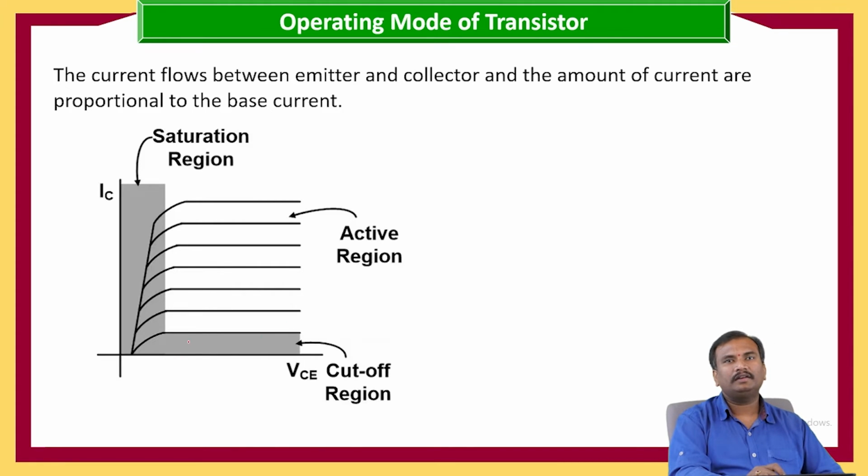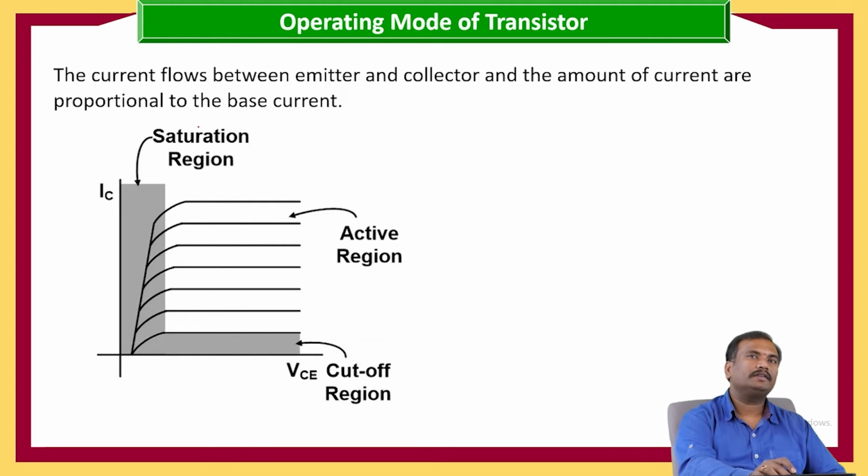In the same way, when we take different values of collector current, even though you increase the voltage value, whatever the IC value you consider, that will be of saturation type.